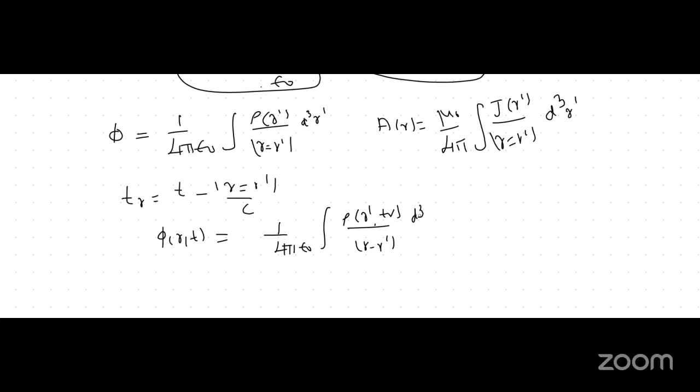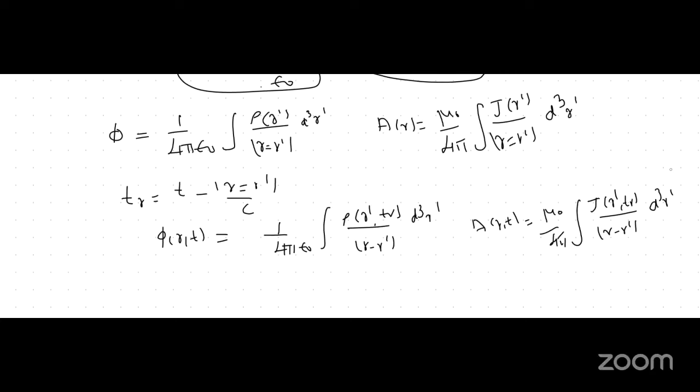Similarly, A of r, t equals mu naught by 4 pi times the integration of J of r dash, TR divided by r minus r dash, times dq r dash. These equations, phi of r, t and A of r, t, we call the retarded potentials. This is a very important topic, and they may ask about retarded potentials as short questions.